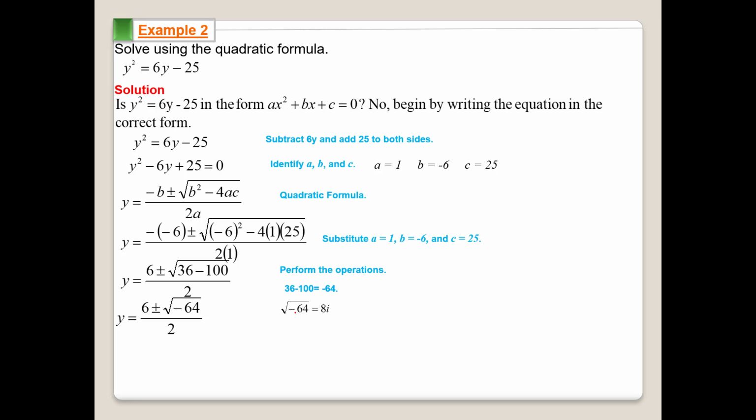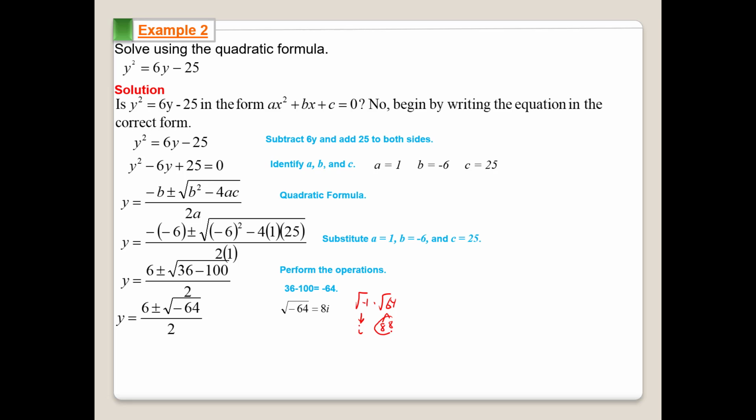Because that's like saying you take the square root of negative 1 times the square root of 64. Well, 8 times 8 is 64, and the square root of negative 1 is simply i.